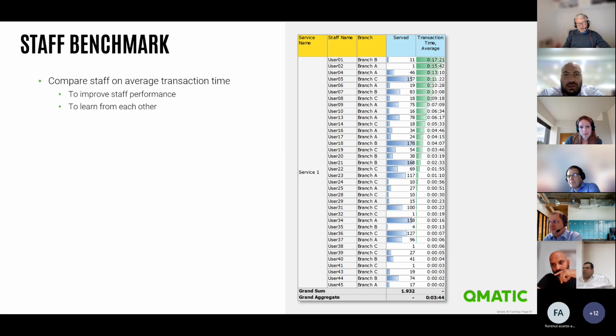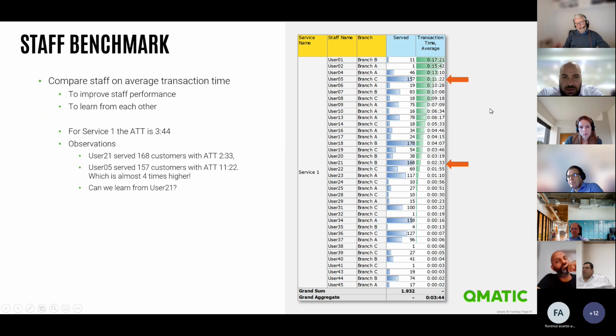So this is a staff benchmark analysis report where you can quite simply say, just for a specific service, I have a lot of users in different branches, and I can see how many they served and what their average transaction time is. And then some things are a bit strange. Now I got a user number 5. I anonymize this data, by the way. This is real data from a real client, but of course I don't want to expose real customer names or staff names here.